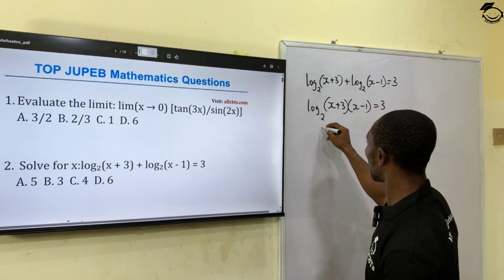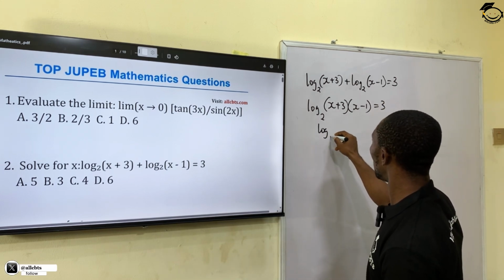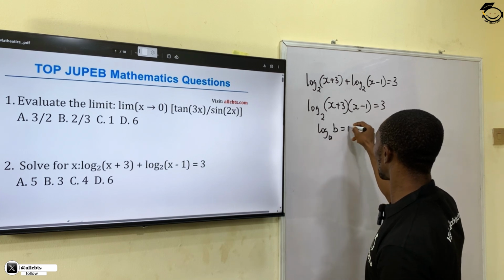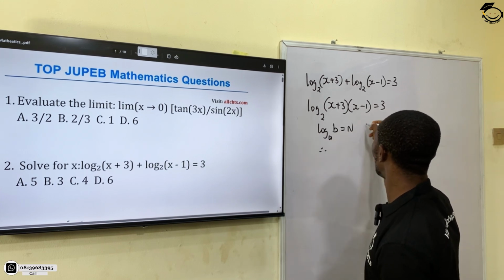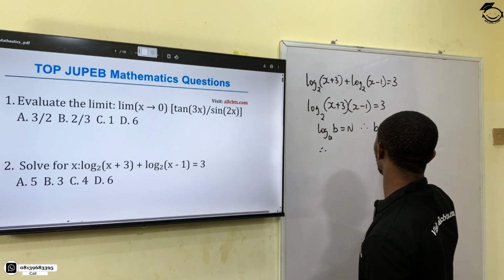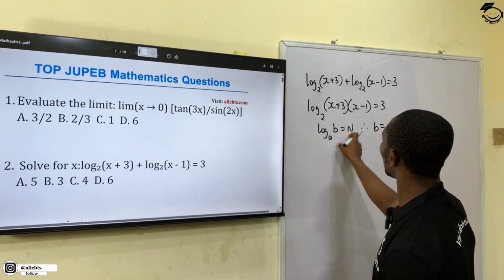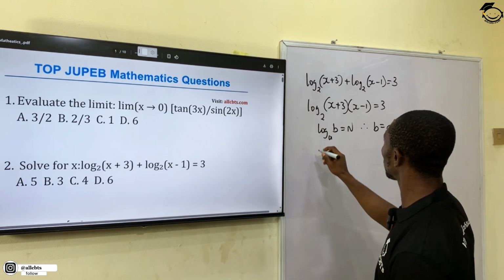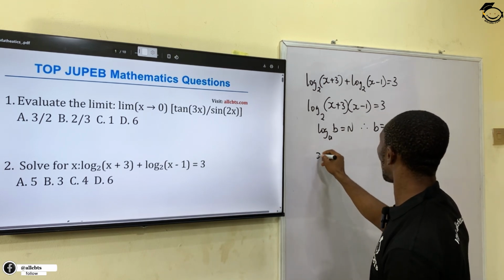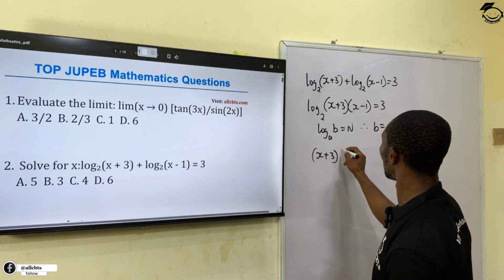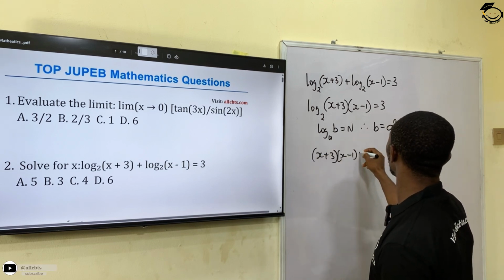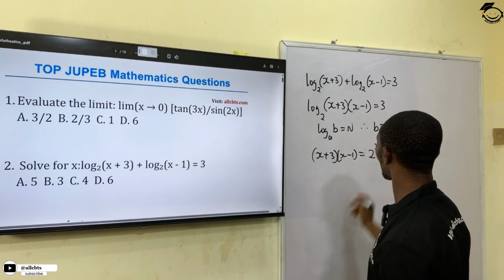Now, if we recall that log a b equals n, so therefore b equals a raised to power n. Applying this law here, we are going to have x plus 3 times x minus 1 equals 2 raised to power 3.